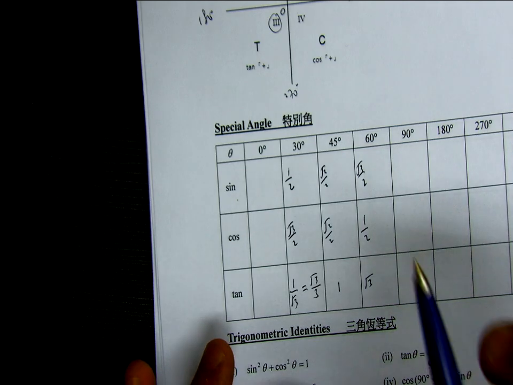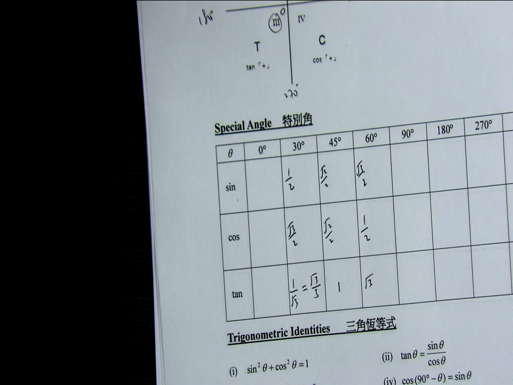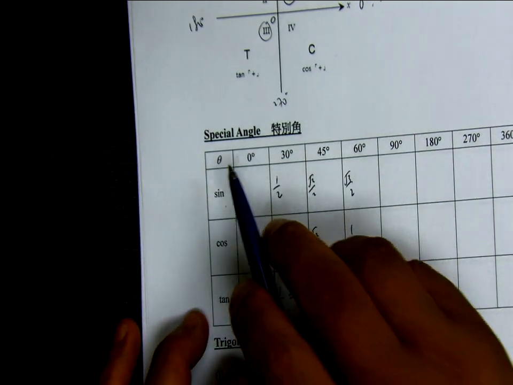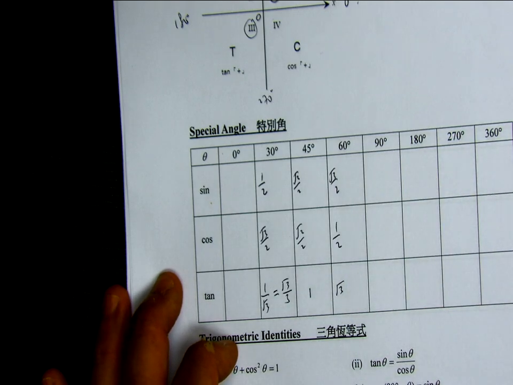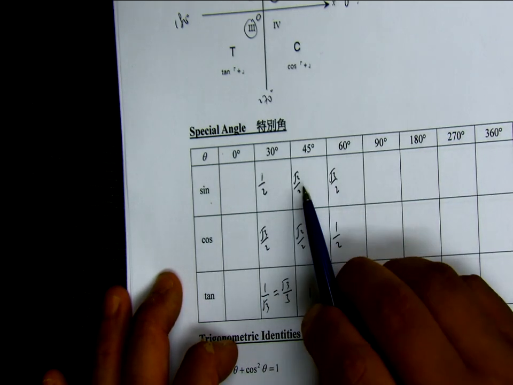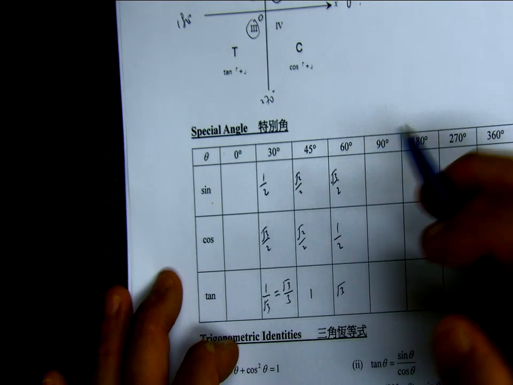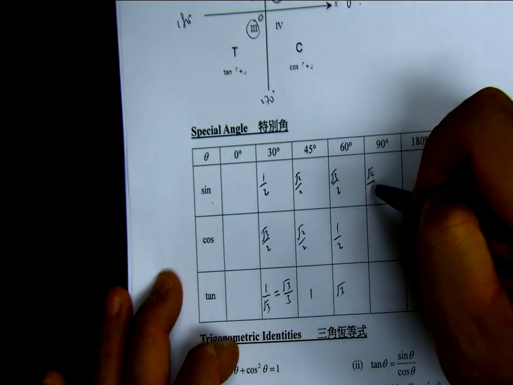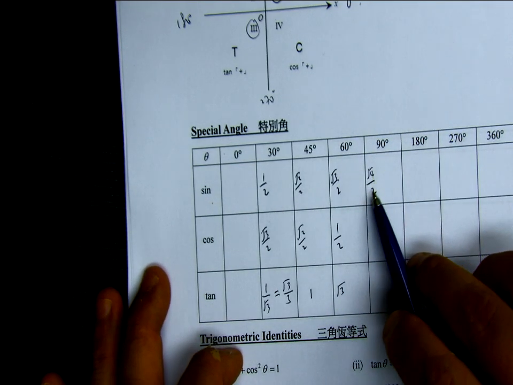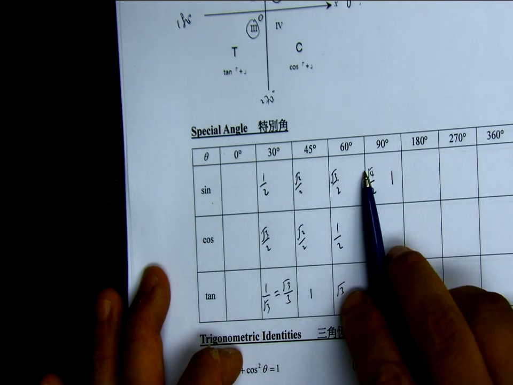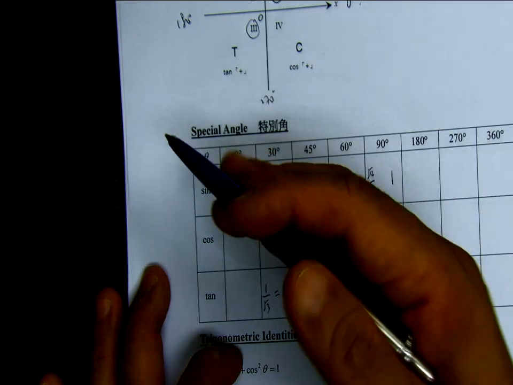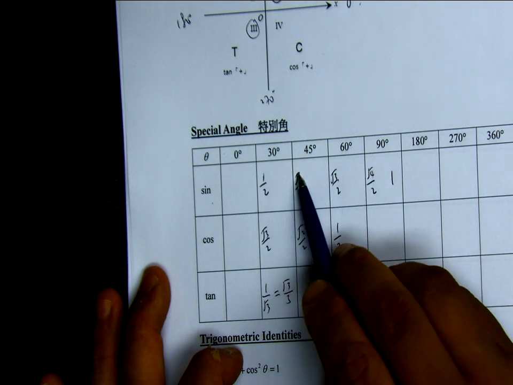Okay, in Form 4, higher mathematics, we have to widen your scope to 0 to 360 degree. How can we remember this? It is 1, 2, 3, the next one is 4. Actually, root 4 over 2 is 1, but you remember it like this: 1, 2, 3, 4. Or you remember backward as 4, 3, 2, 1.